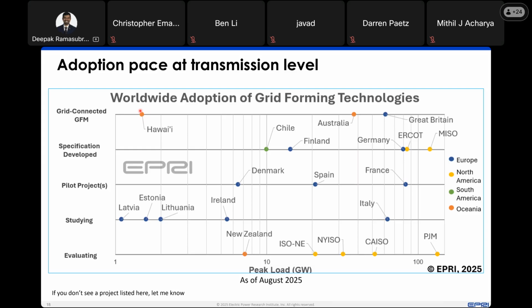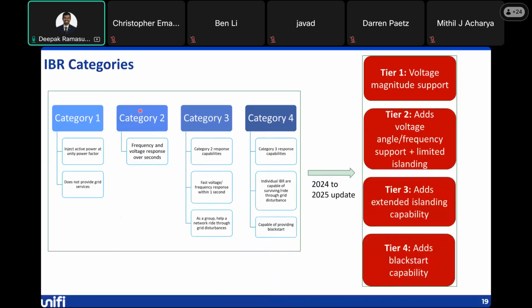But when it comes to standardization of these various resources, one of the things that we have been talking about in the industry is looking at different tiers of grid forming capability. The reason for looking at different tiers of grid forming or advanced grid support capability is that different pieces of equipment provide different functionality.